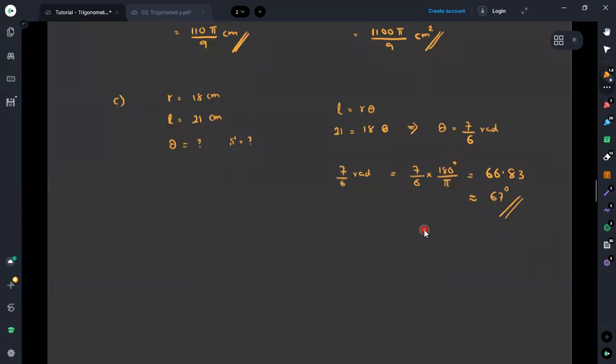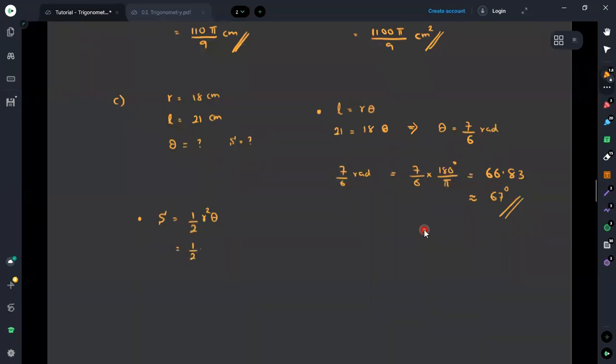This is because we use theta in radian measure in the equation as well. In the next point, we are asked to find the value of S. To obtain S, we can use S equals half times r squared times theta.